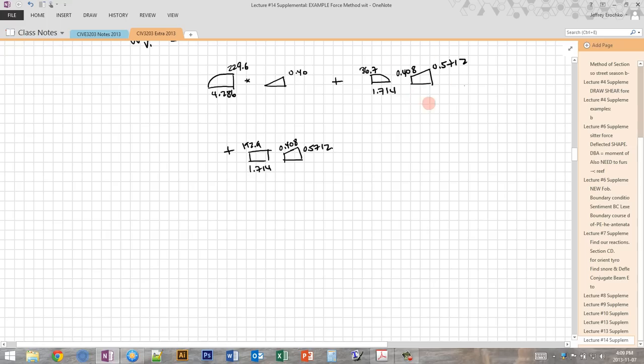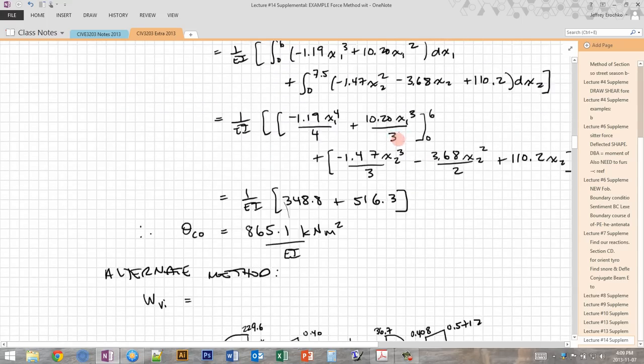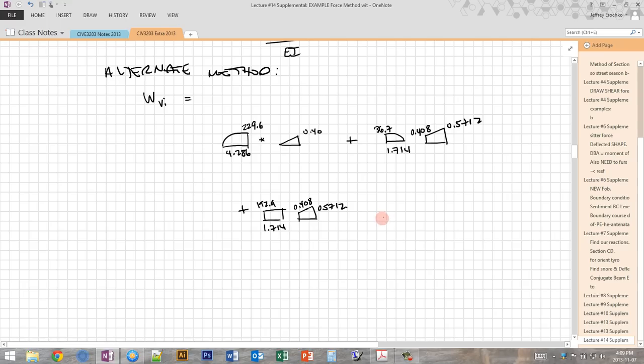So you see we now have two internal virtual work products that are associated with the location between this point and this point. And then the last part is very easy because it's just a triangle that looks like this times the same trapezoid. And that looks like this.